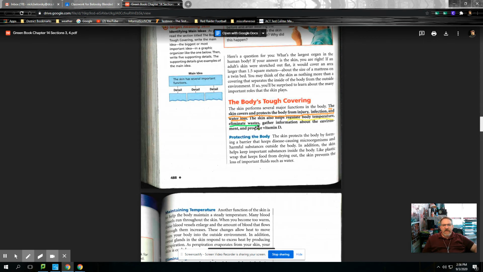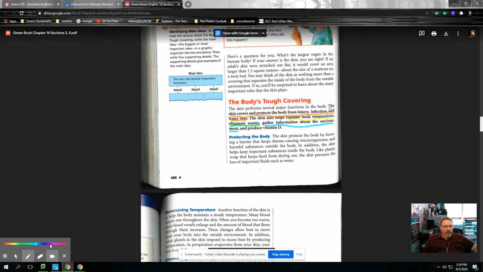Okay, and I'll go into more detail with that here in just a second. So hit pause and type, it eliminates waste. All right. The next thing that it does is it gathers information about the environment. Your skin gathers information about the environment around you. I'm hot. I'm cold. Somebody's tapping me on the shoulder, things like that.